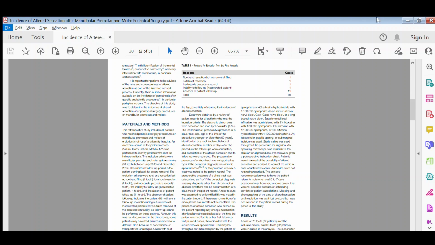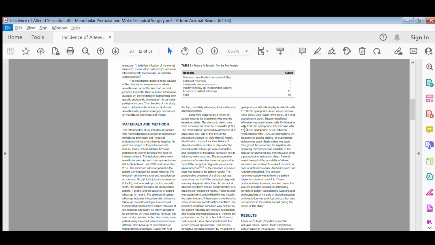In this table we can see the reasons for exclusion, which are root intersection, no root filling, total root resection, inadequate patient records, inability to follow up, and absence of the patient at follow-up.